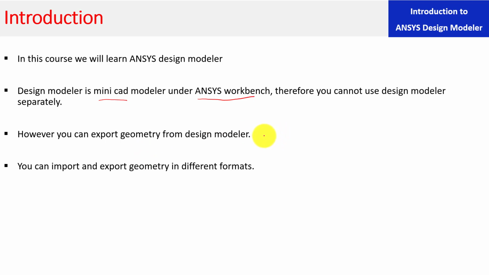The only thing is that you must have the license for importing or exporting geometries from Design Modeler. You can also import geometry, which is a very powerful feature, in many formats: AutoCAD, CATIA, and generic formats like Parasolid, SAT, IGS.